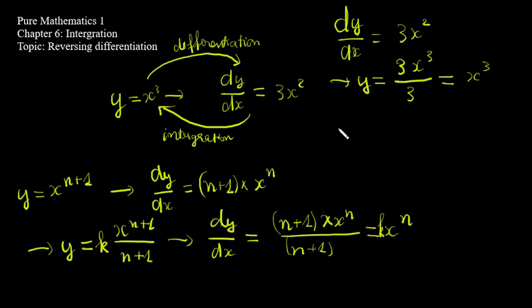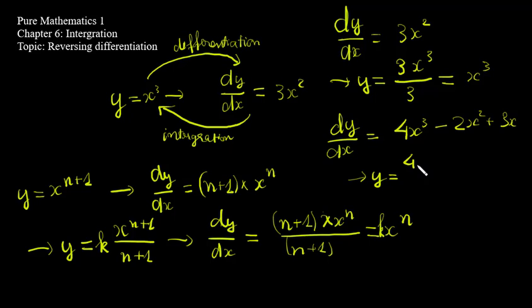Okay, let me take another example. Let's say dy over dx equal to 4x cubed minus 2x squared plus 3x. So our y will be equal to 4 multiplied by x to the power 4 over 4, minus 2x to the power 3 over 3, where the power is exactly the denominator, plus 3x squared over 2.